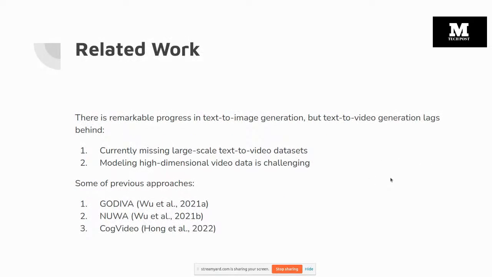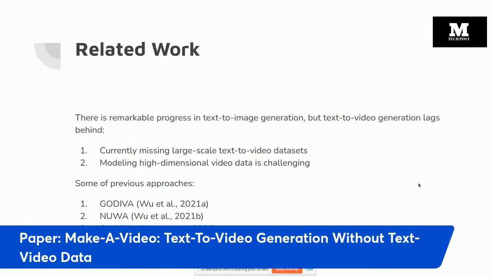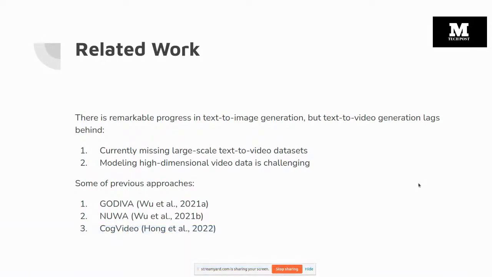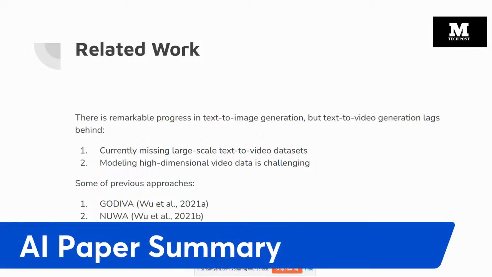Right now there are a lot of text-to-image generation approaches that are becoming very popular, like DALL-E, and many others, and they're able to generate very nice images from just text. But text-to-video generation is much harder because, as I was mentioning, there aren't many text-to-video datasets available.